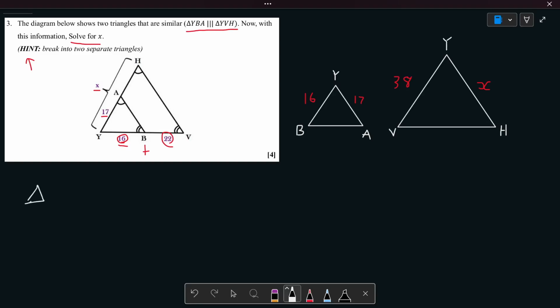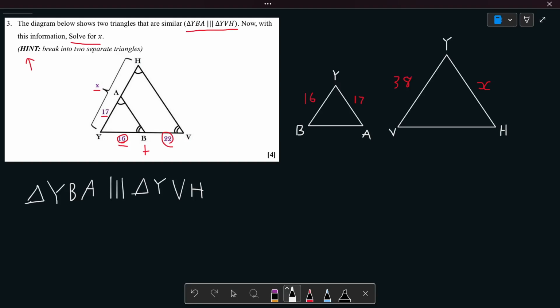So we say over here that triangle YBA is similar to triangle YVH. I'm just going to make do with my handwriting.